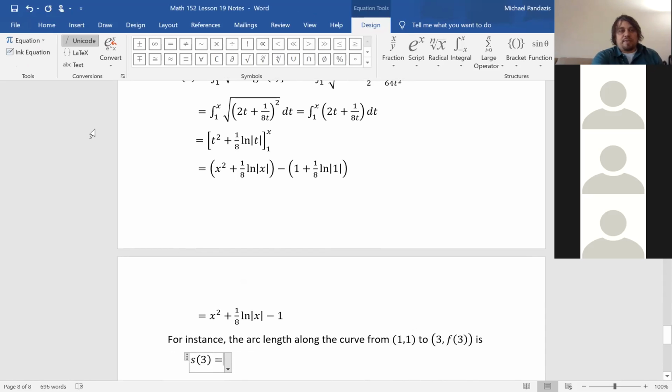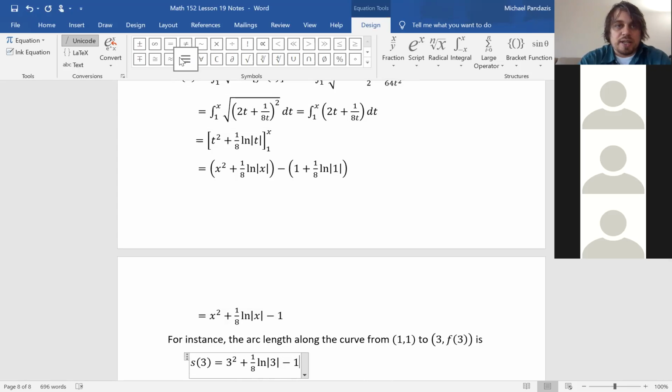That's part of your definition of s. Your ending point has an x value of 3, so you want s of 3. So s of 3 would just be plugging in the x value of 3 there: 3 squared plus 1/8 ln of the absolute value of 3, minus 1. Put that in your calculator, and you get approximately 8.1373.